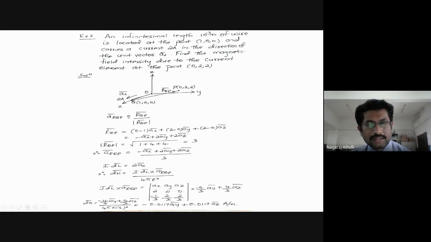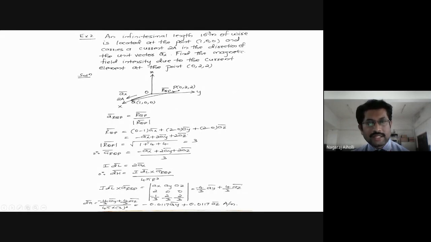Okay, first let us find out the unit vector aRQP from Q to P. From Q to P, it is given by the distance vector divided by its magnitude. The distance vector RQP bar is equal to destination minus source. This is the destination: 0 minus 1 into aX bar plus 2 minus 0 into aY bar plus 2 minus 0 into aZ bar.